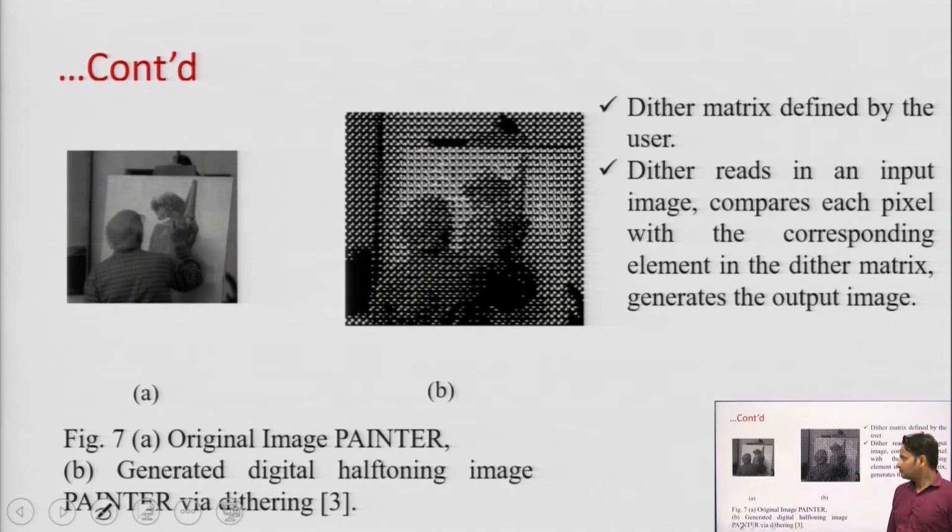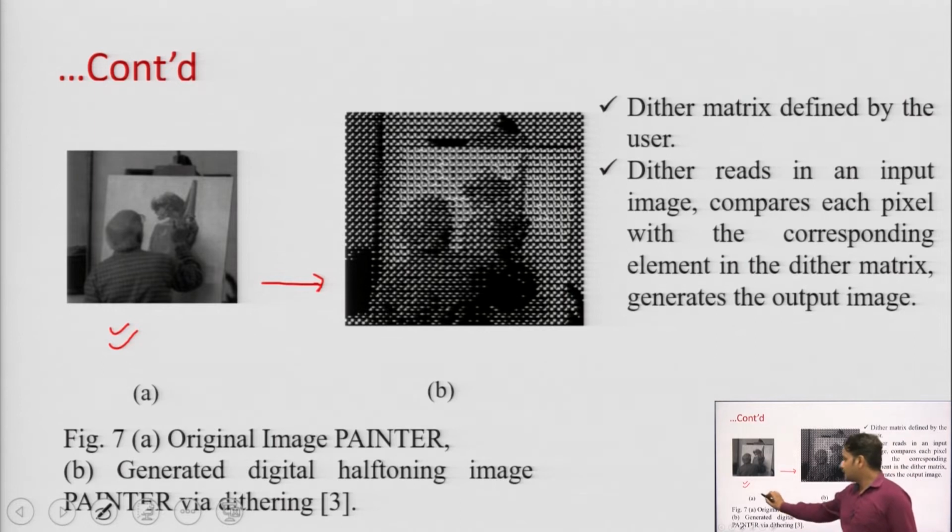Now, if we use this dithering matrix and the dithering digital halftoning process, and you have the original picture like this, then your output image looks like this. Okay.